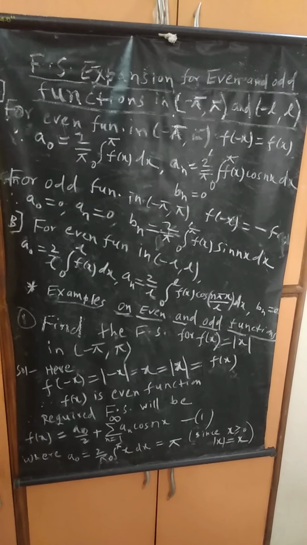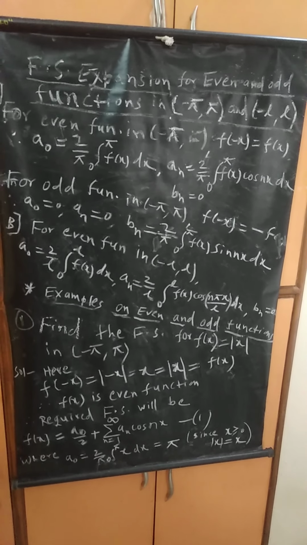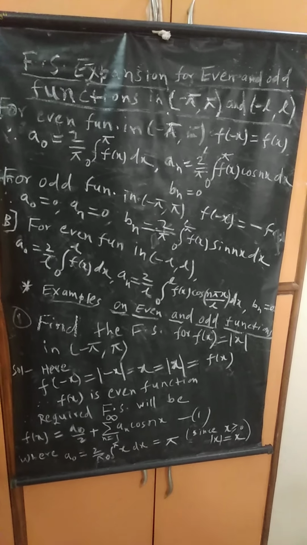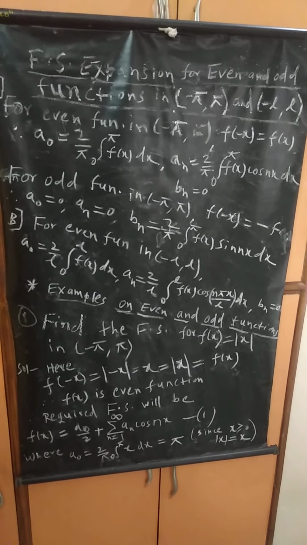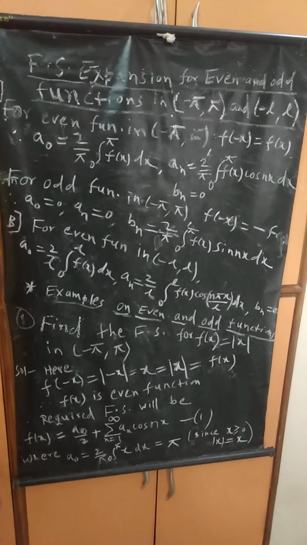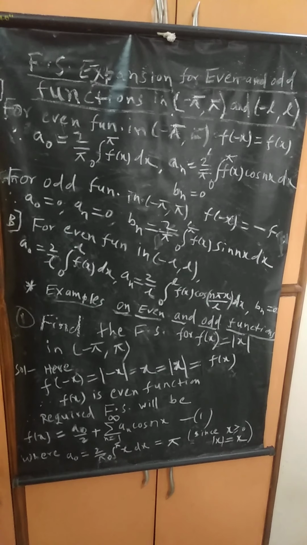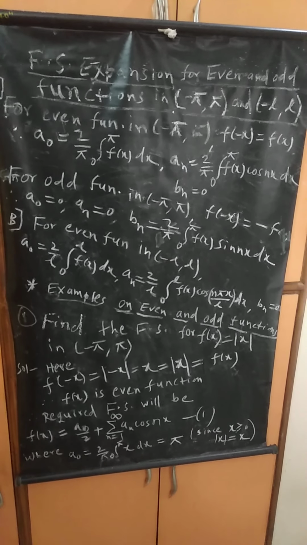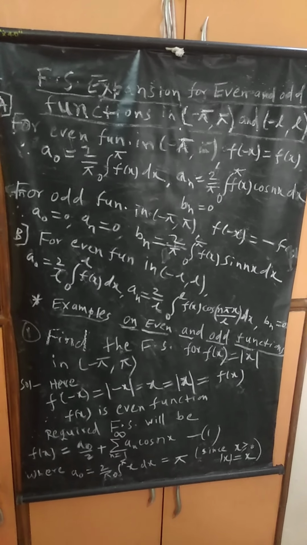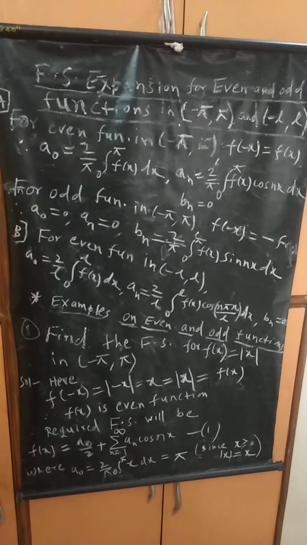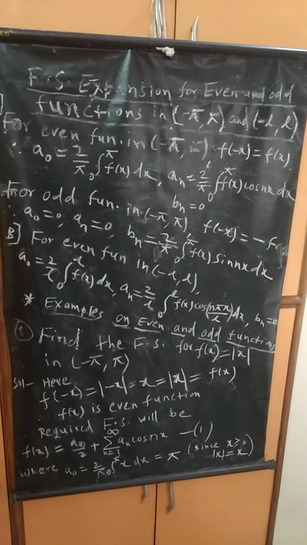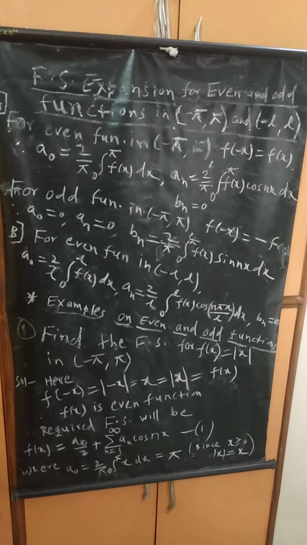Therefore, for an even function in minus pi to pi, f of minus x is equal to f of x, and a naught is equal to 2 by pi integral 0 to pi f(x) dx. Since f(x) is even, we have used the definite integration property. And an is equal to 2 by pi integral 0 to pi f(x) cos nx dx.